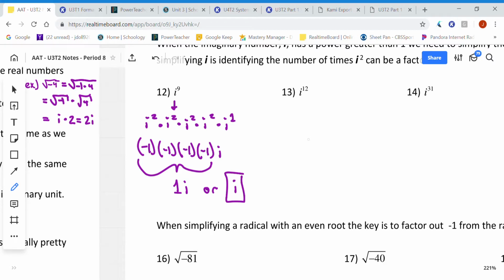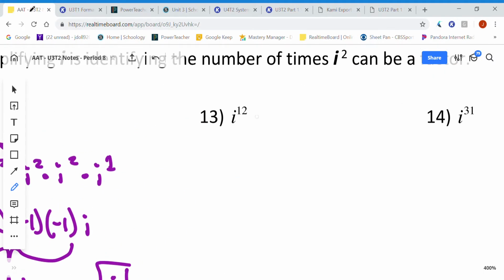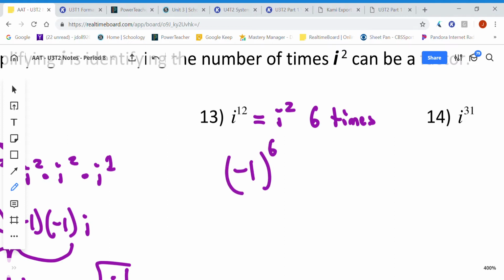So i to the 9th will simplify to positive i, right? Well, what about i to the 12th? Well, I can change this to i squared 6 times, right? Because 12 divided by 2 is 6. So that is essentially negative 1 to the 6th. Negative 1 to the 6th is going to be positive 1, and so we are good.